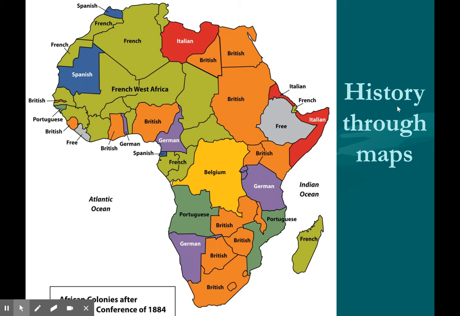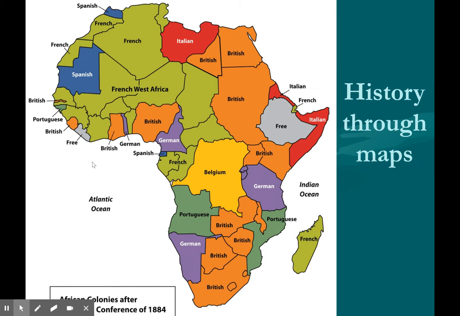Here is a map after the conference in 1884. You're going to see each country kind of has their claim into what part of Africa they are going to take as their own. And you can see how this would impact a lot of these nations. If you recognize a map of Africa before or after, or modern, you're going to see it's very different than what this map is splitting up the nation to be.